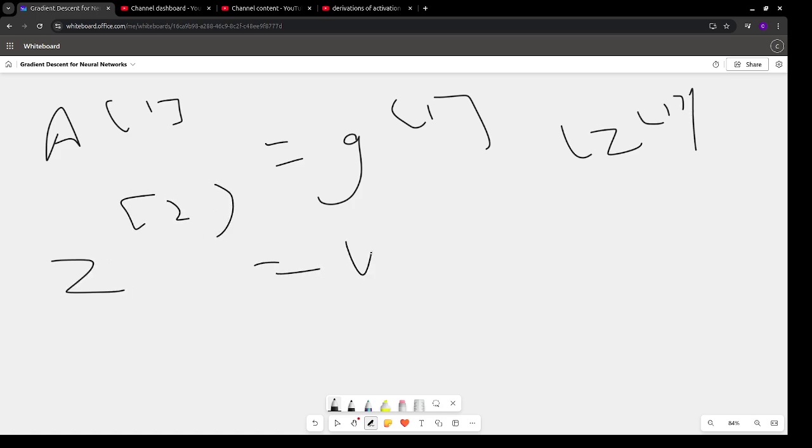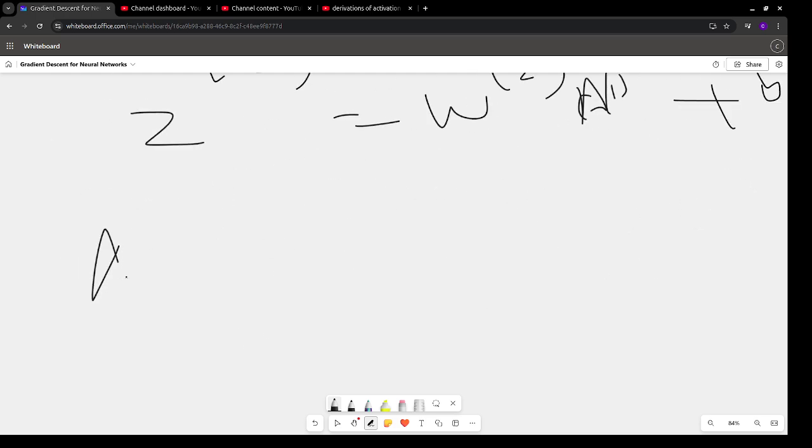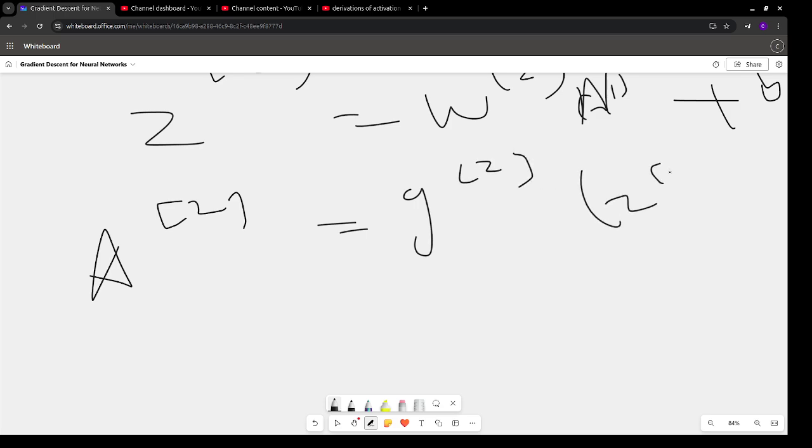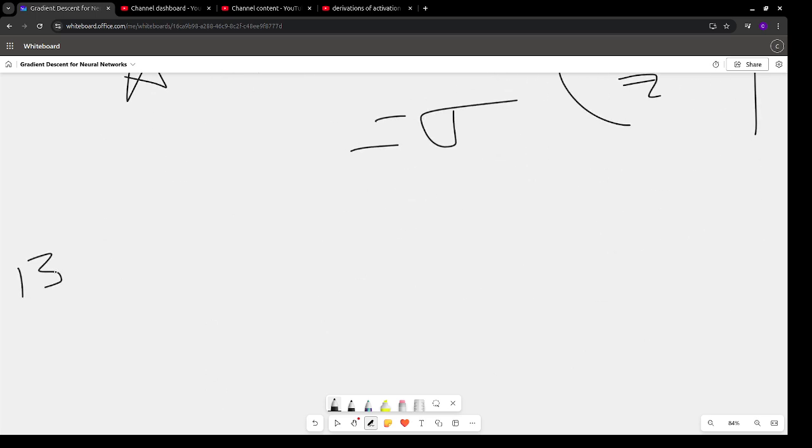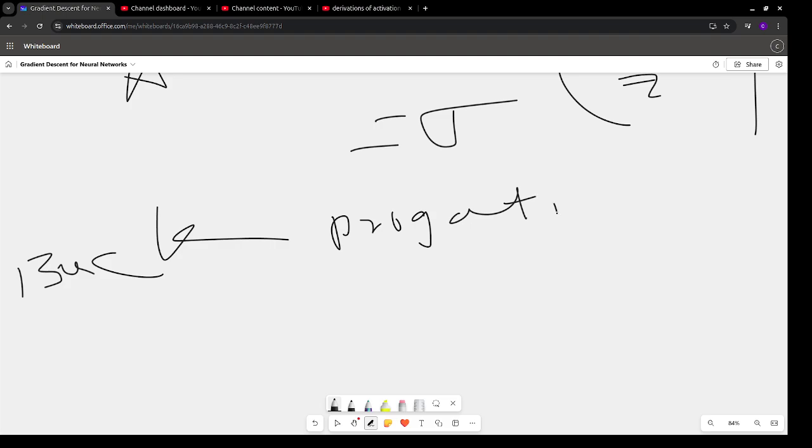So C2 will be W2 A1 plus b2, then A2 will be g2 of c2. That will be equal to sigma of c2, right? So these are activations. So we are going to go back to this. When I was talking about the neural network or the neuron going back and telling them this was not a cat, this was not a dog, let's adjust our weights, this is how backpropagation works. That thing which I was explaining, this is how it is working.